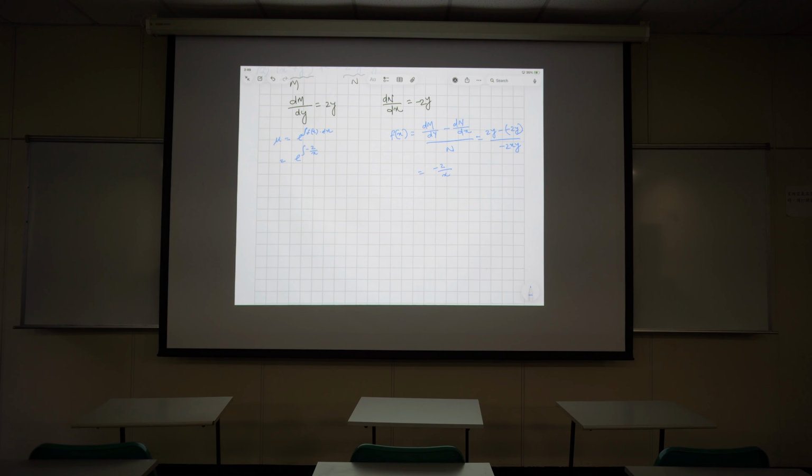When you solve this one, it will be e to the power minus 2 ln x. That is e to the power ln x to the power minus 2, or simply x to the power minus 2.